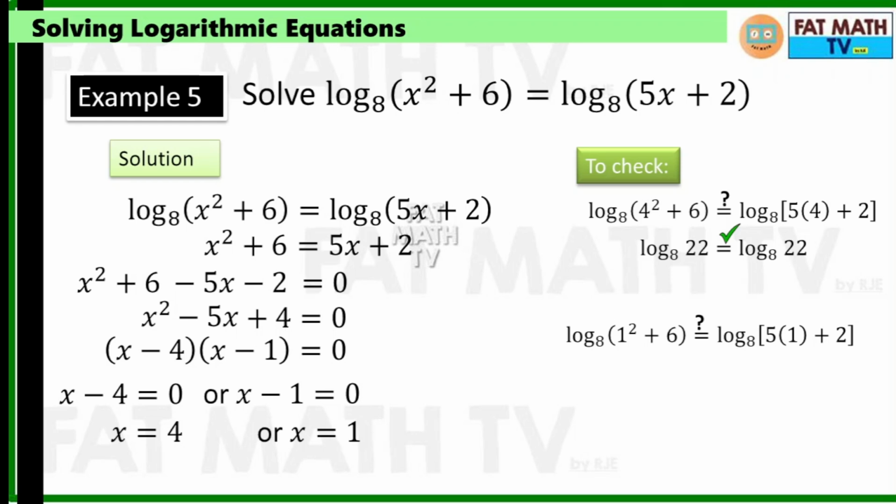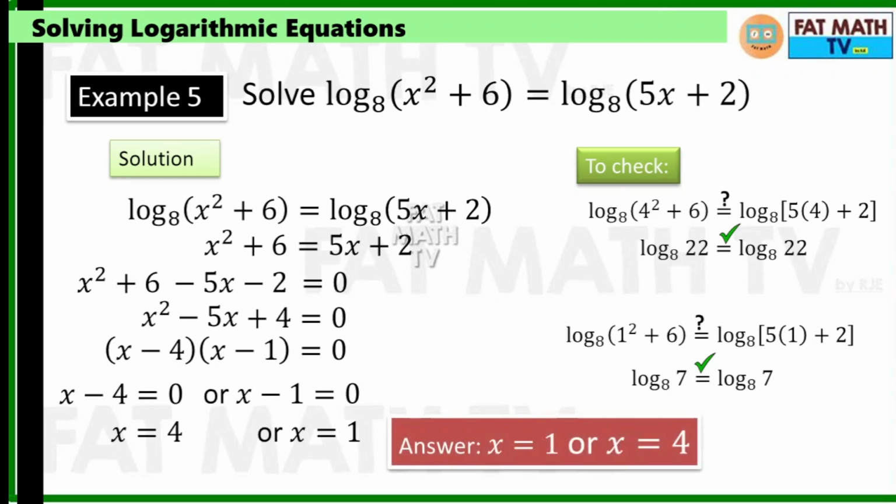And if we substitute 1, we will have logarithm of 7 on both sides. So we have two answers here, positive 1 or positive 4. So there are two values of x that can satisfy the given logarithmic equation, 1 and 4.